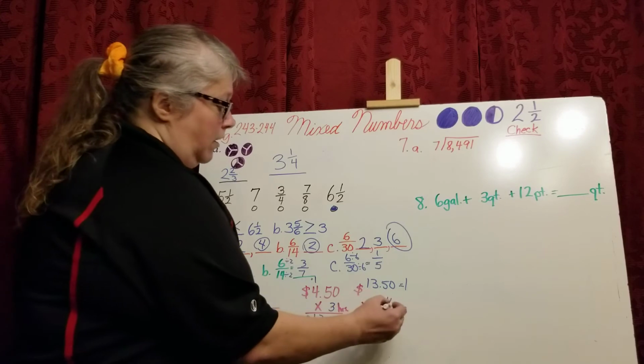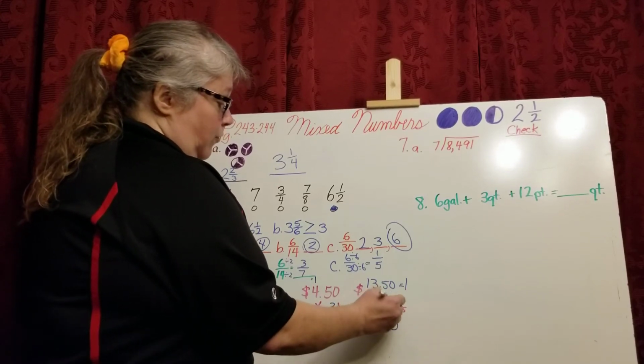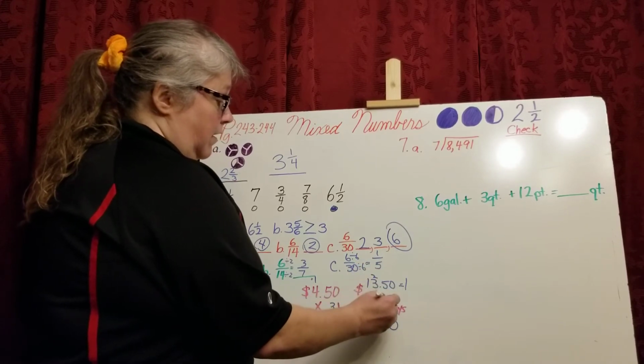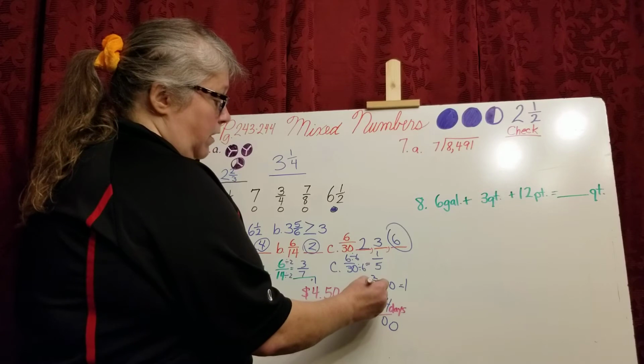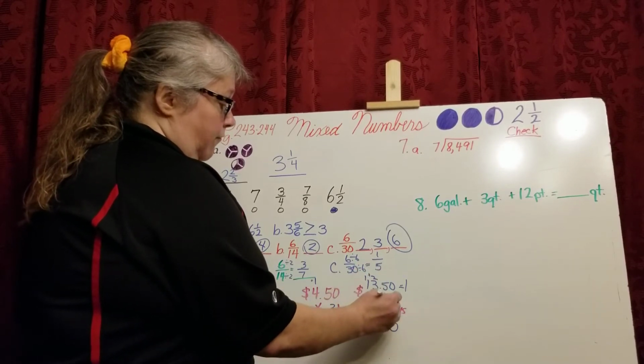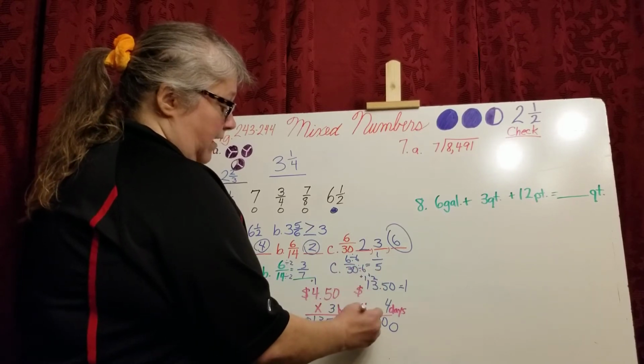All right, here we go. 4 times 0 equals 0. 4 times 5 equals 20. Carry the 2. 4 times 3 equals 12. Plus the 2 is 14. 4 times 1 is 4. Plus the 1 is 5.